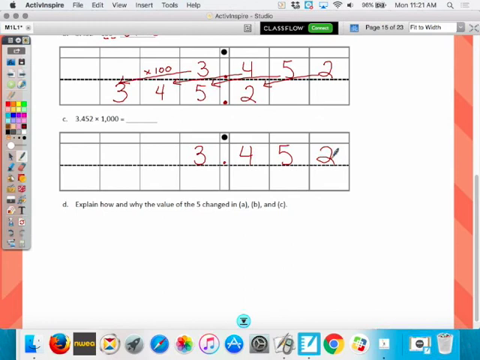Okay? So double check your place value so you don't get them in the wrong place to start with. What are we multiplying this time? 1,000. So how many zeros do you see? So three. Here we go. Watch my pen. 1, 2, 3. Move it down. Times 1,000. I don't think you even need me anymore, do you?